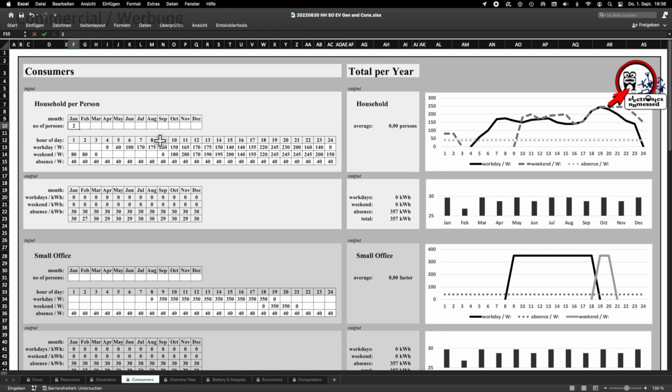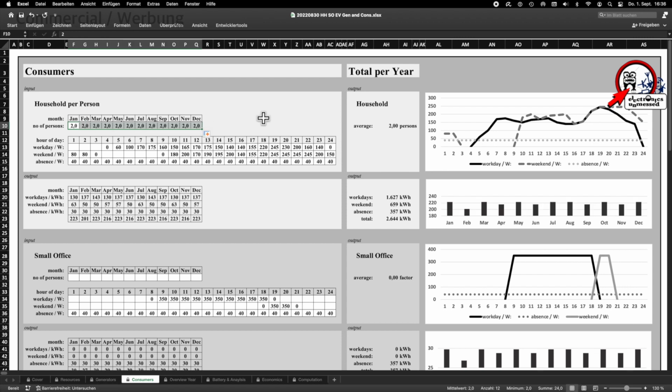We can differentiate weekends from working days, and we can also insert the standby consumption as a separate value. In case we insert 2 persons living in the household, we get 2644 kilowatt hours yearly consumption, which is the average in Germany.